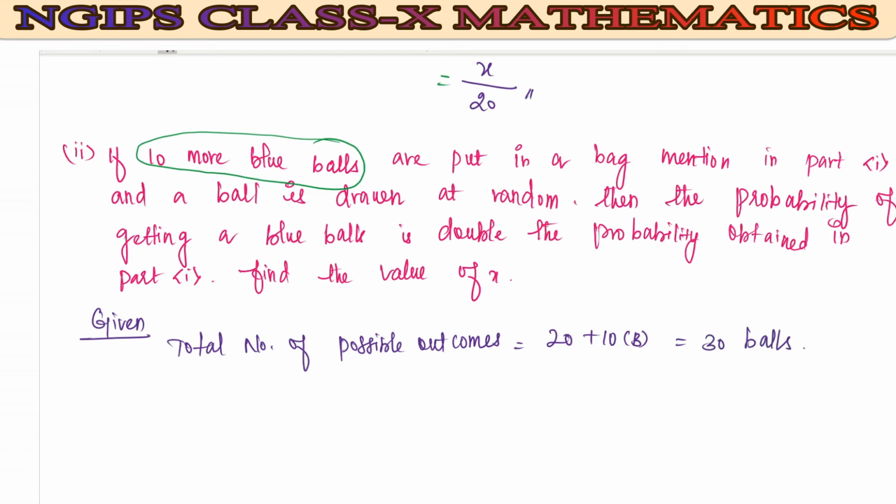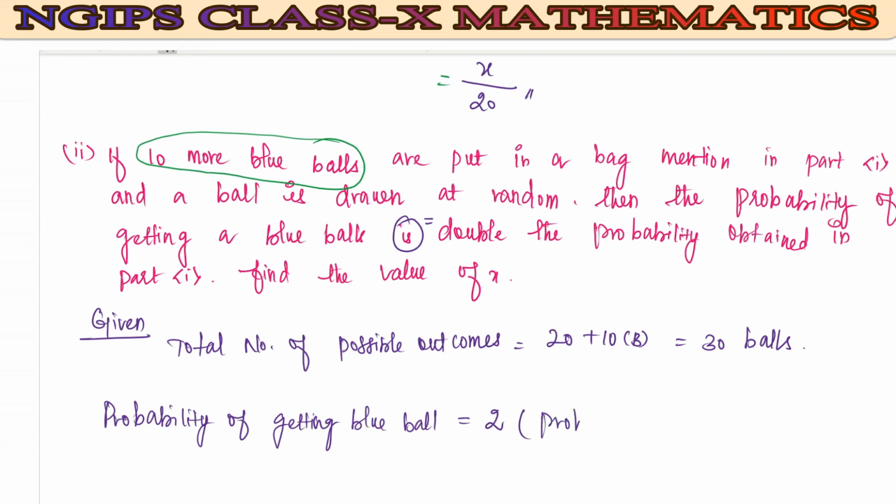Based on the part 1 sub question, a ball is drawn at random, then the probability of getting a blue ball is equal to double, meaning 2 into the probability obtained in part 1.